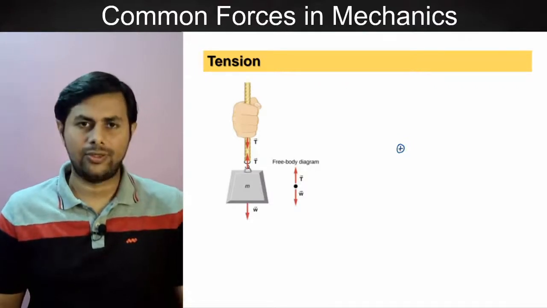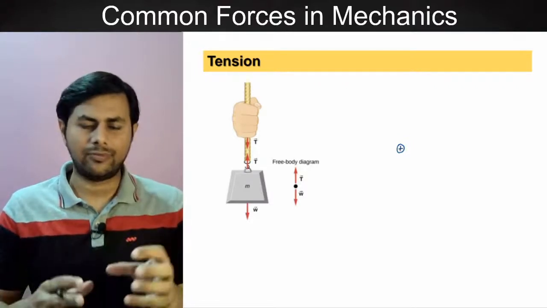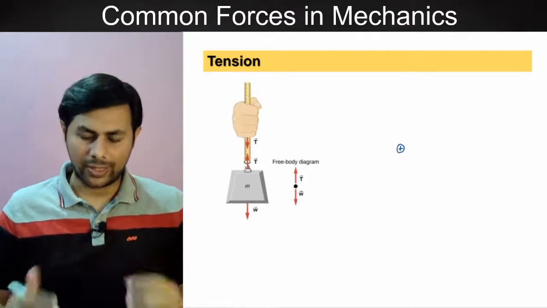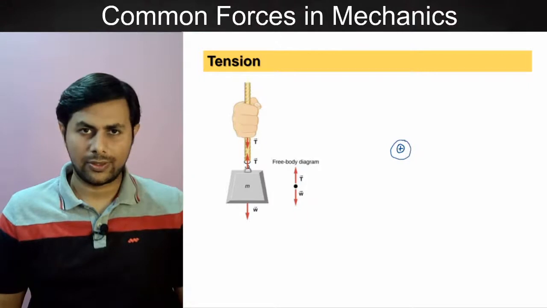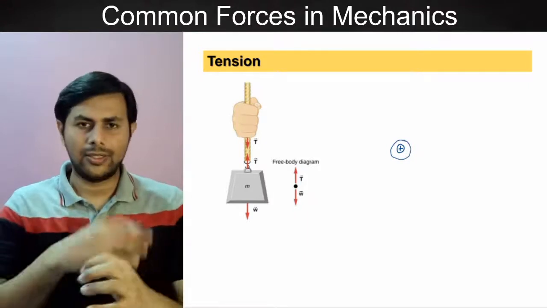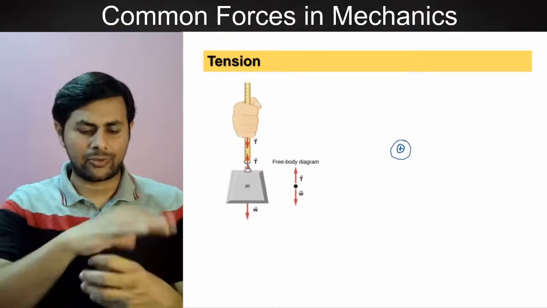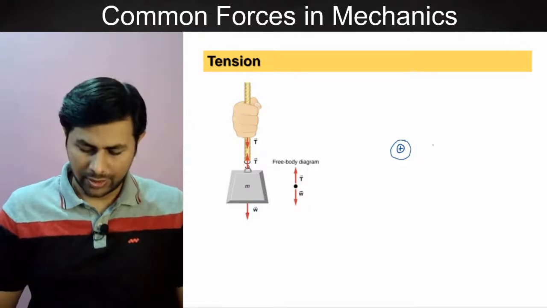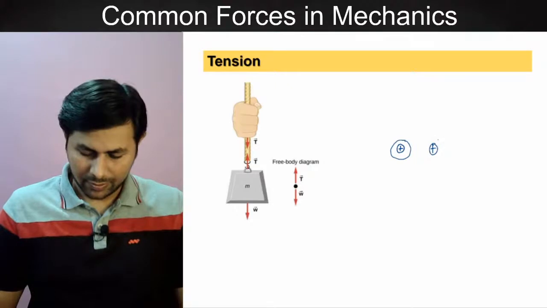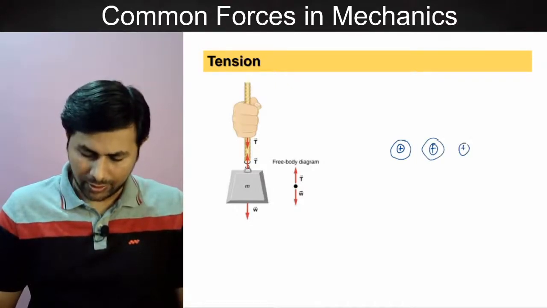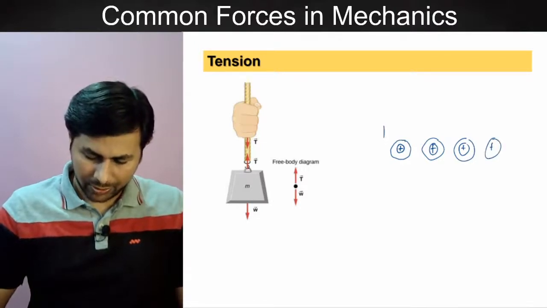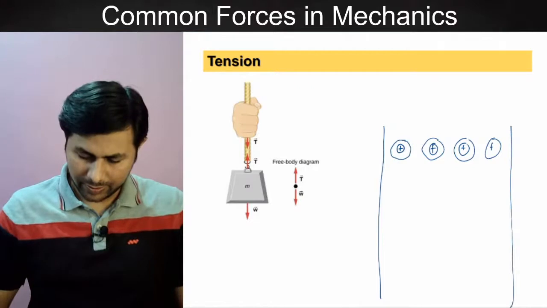We have atoms which have positively charged nuclei and negatively charged electron clouds, so there are negatively charged electrons surrounding the nucleus. There are many such atoms or molecules in a rope. Let's suppose this is a rope.